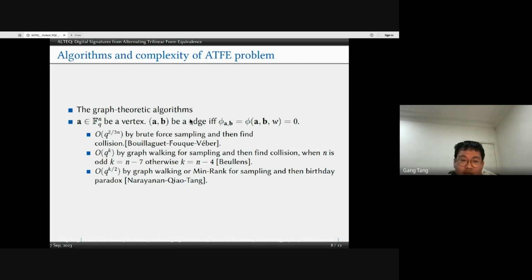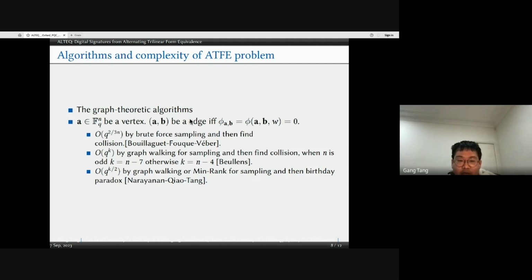The basic idea is to sample low rank points by brute force, and then find collisions by applying the global basis many times. The next one is of complexity big O of q to the k. Here, if n is odd, k is equal to n minus 7, otherwise k is equal to n minus 4. It was recently proposed by Beullens.